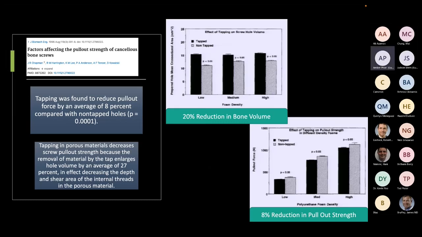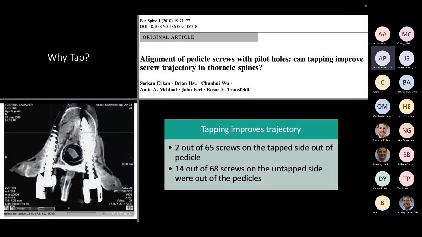The study also looked at the effect of tapping. So it is important to know that tapping can reduce the pull-out strength of your screw. In this study, it reduced it by 8%, and this was because it was associated with a 20% reduction in the bone volume. And so the thought is, well, why do you tap? That is because the tapping can improve the trajectory.